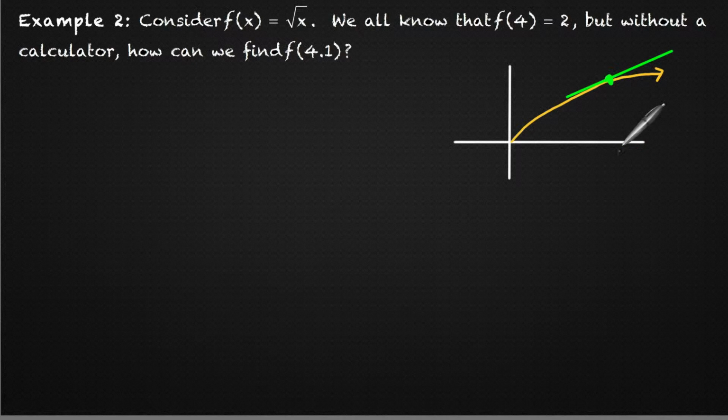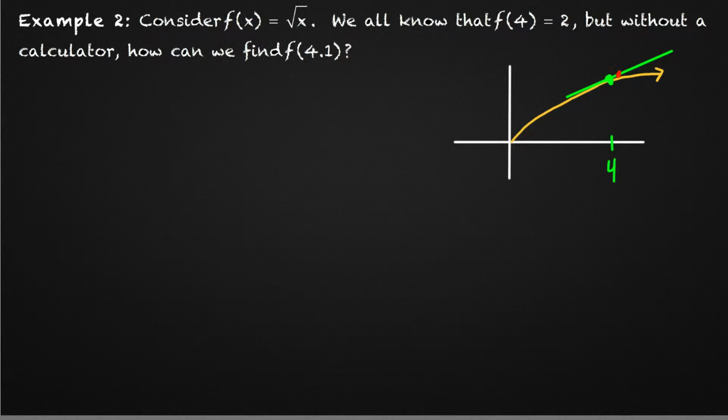Well, let's say that's 4 right there. If we wanted to know 4.1, then all we would need to do would be to plug 4.1 into our tangent line, and you can see that the y value on that tangent line is going to be very close to the y value of the square root function.